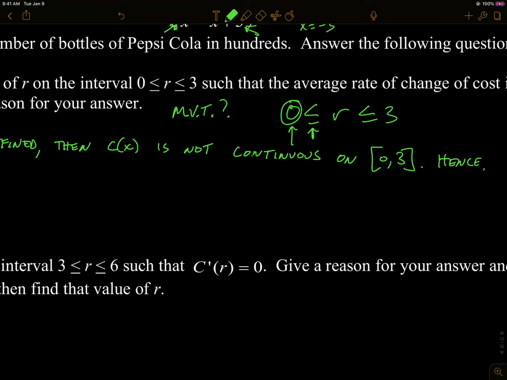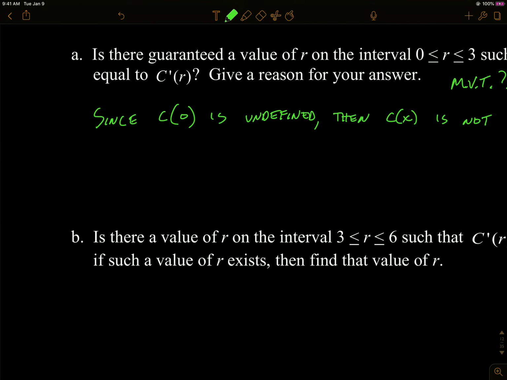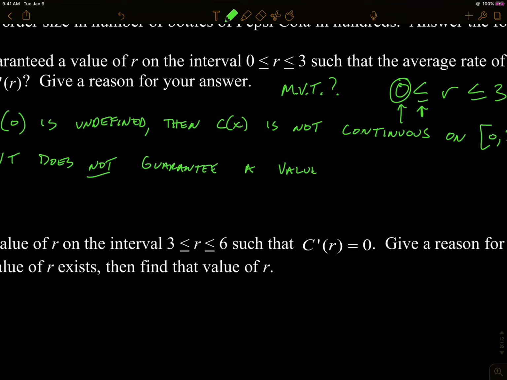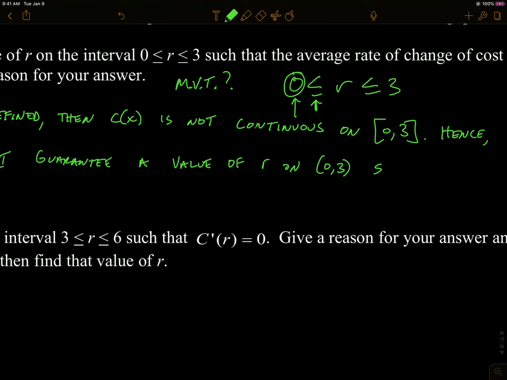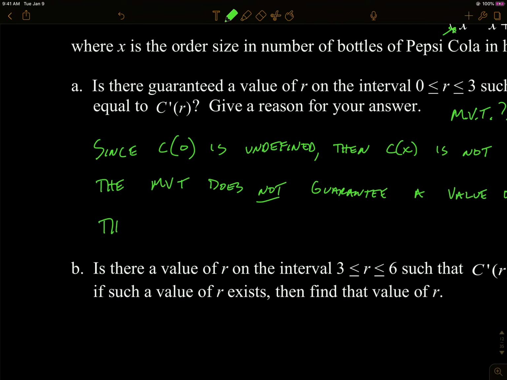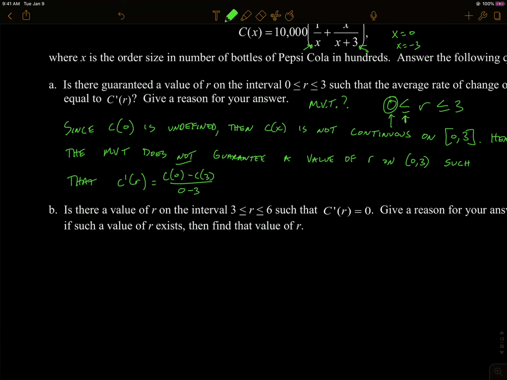Hence, the mean value theorem does not guarantee a value of r on the interval 0 to 3 such that the derivative at r is equal to the average rate of change. I don't have to do it out because the theorem doesn't apply.